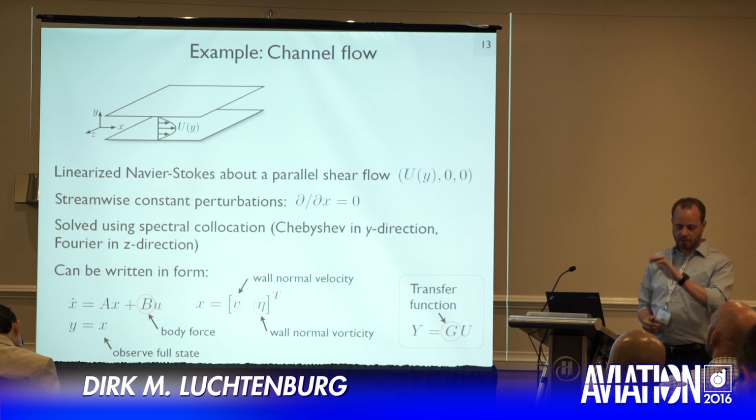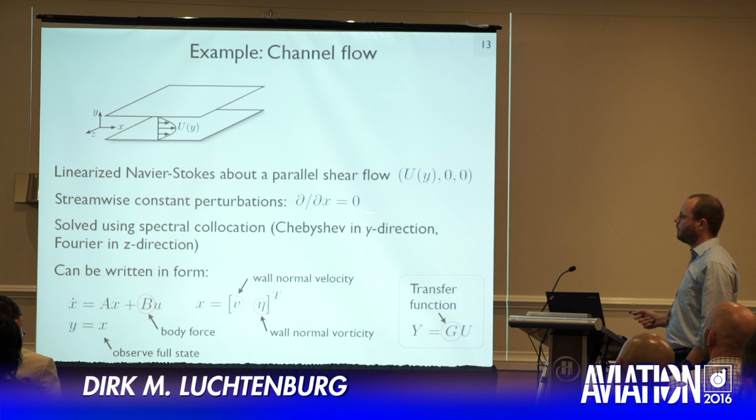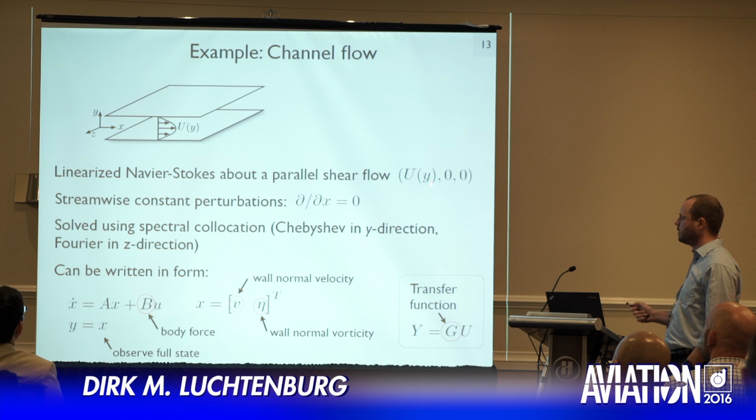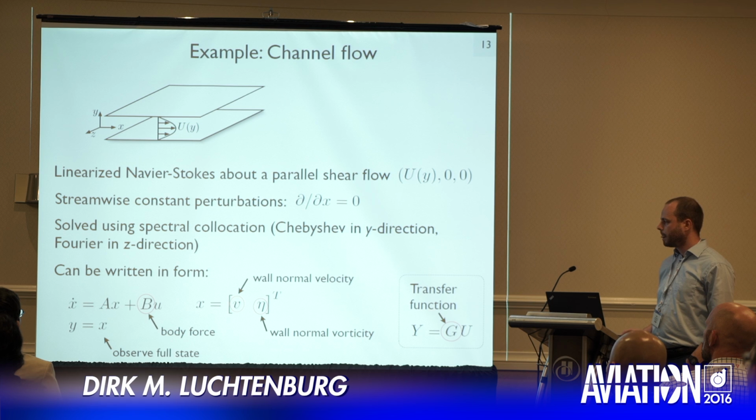Now let's go to an example. Here we have a channel flow, and we linearize it around a parallel shear flow, around this profile here. We assume streamwise-constant perturbations, and we solve this using spectral collocation: Chebyshev in this direction, and then in the z direction we use a Fourier assumption.